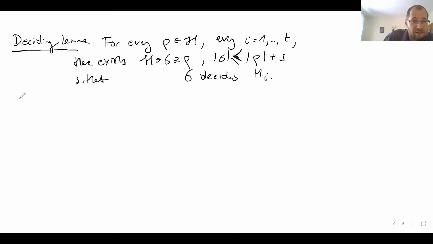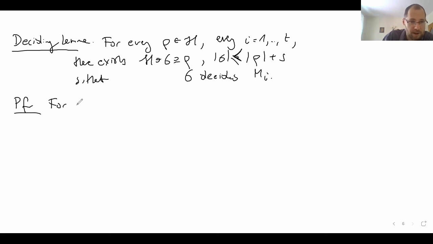So why is that the case? Well, the point is essentially that there are not that many monomials in M_i. So there are not that many terms.